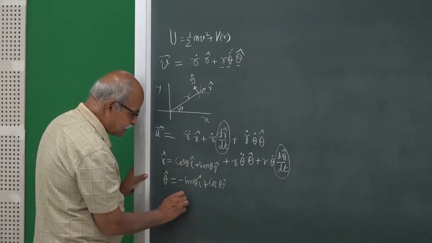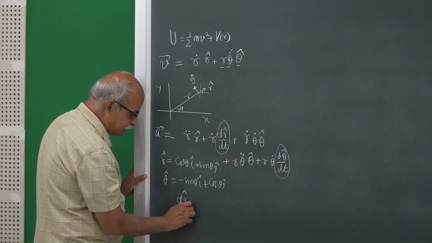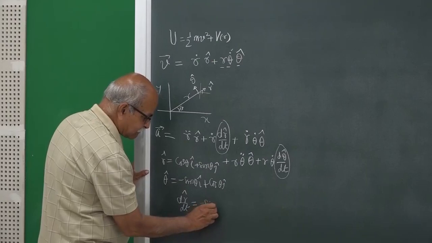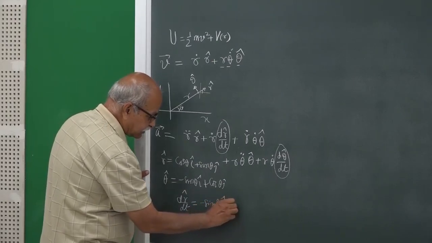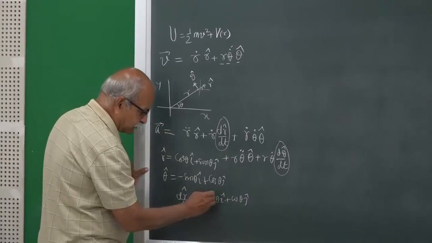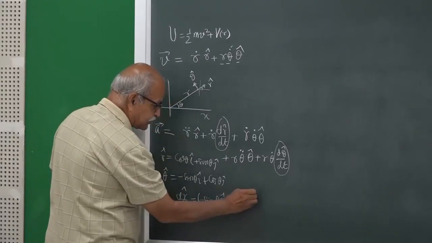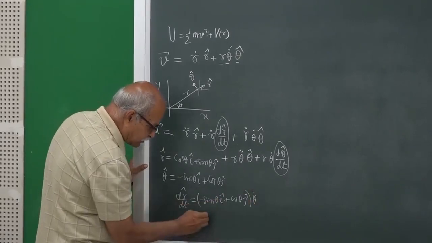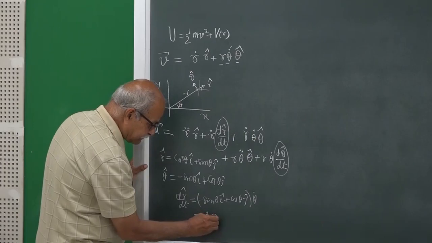We had done that. You differentiate this, so it is minus sin theta i cap plus cos theta j cap. Then theta dot, of course, because you have to differentiate with respect to time. So, this is theta dot theta cap.